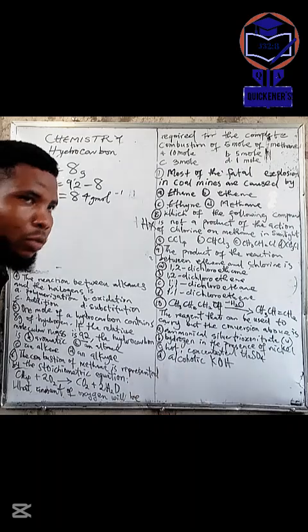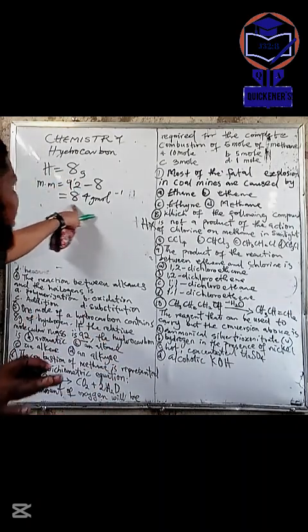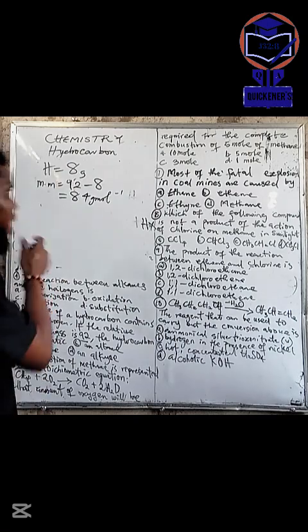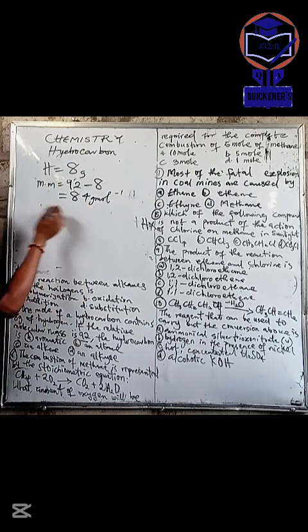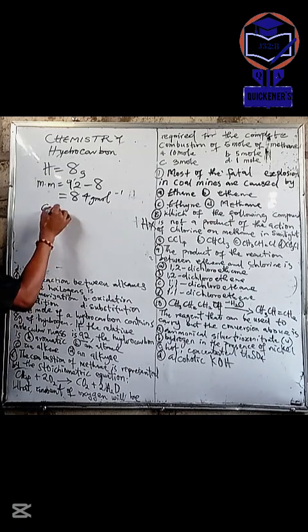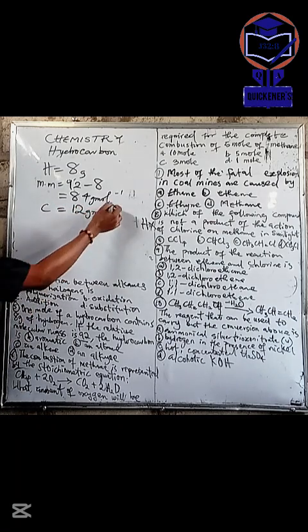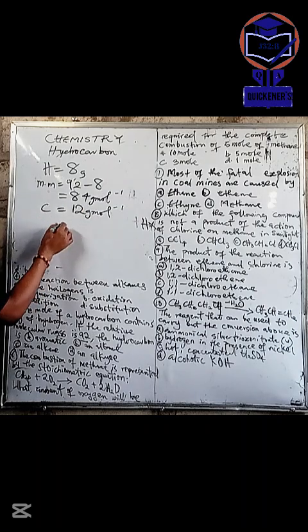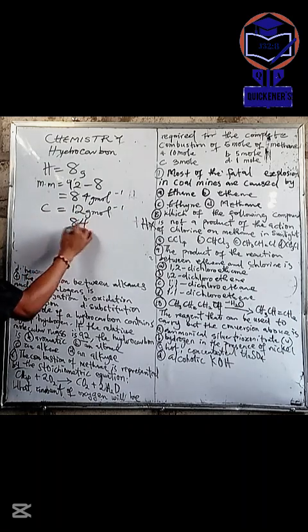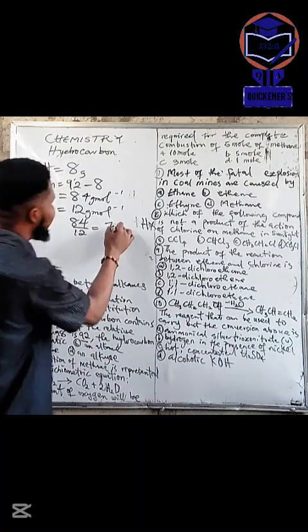Remember, it's hydrocarbon, so you remove 8 grams for hydrogen, and the remaining is for carbon. And 1 atom of carbon is 12 grams per mole, right? So 84 means it has how many carbons? That's 84 divided by 12, that would be 7.